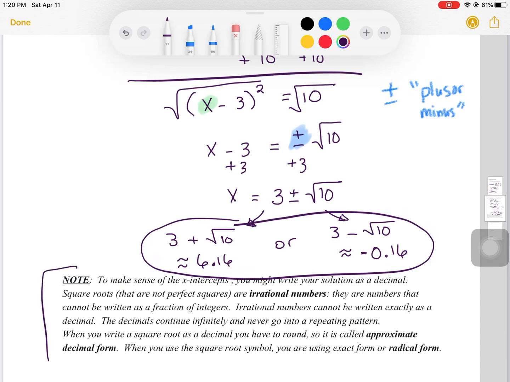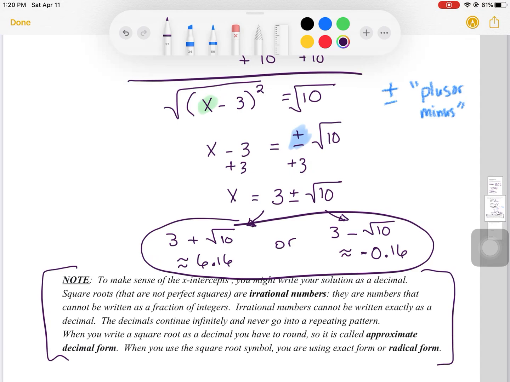In terms of making sense, you guys are really comfortable with having your solution, and I have this note down here, having your solution as a decimal. So many square roots are not perfect squares. While there are an infinite number of perfect squares, there are also an infinite number of not perfect squares, and the values that are not perfect squares are way more dense, like there's more of them.